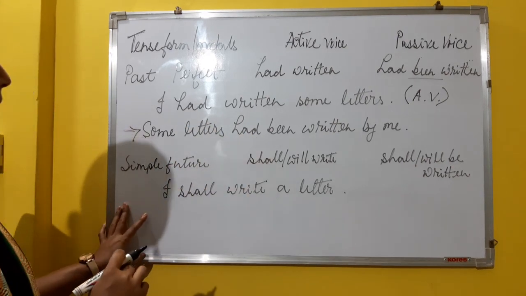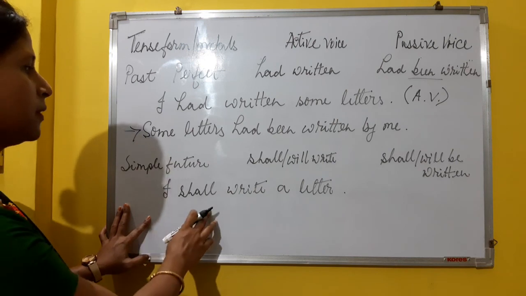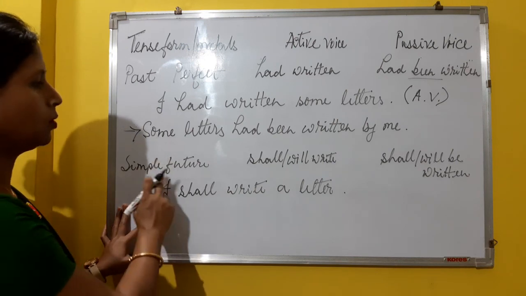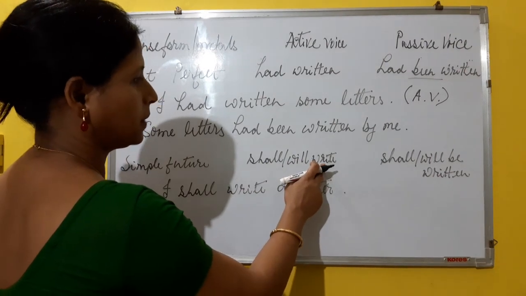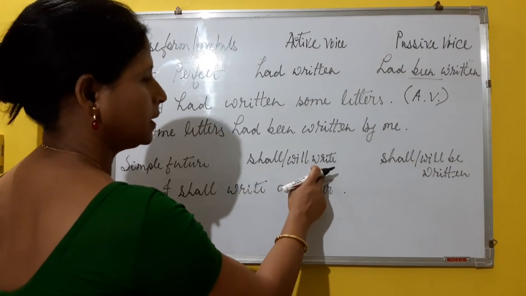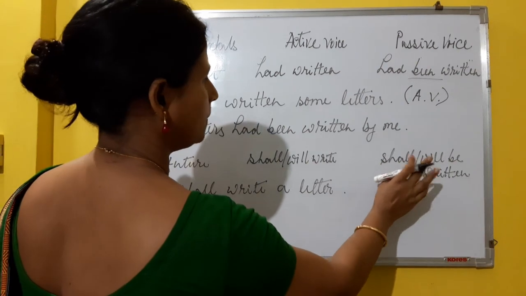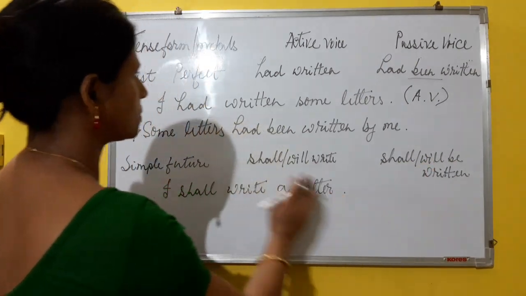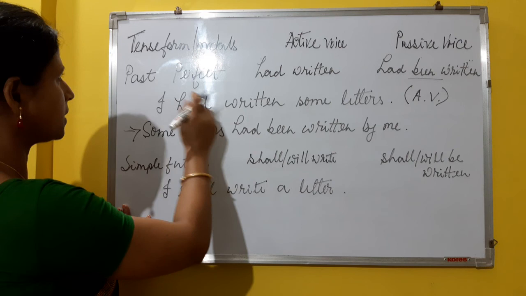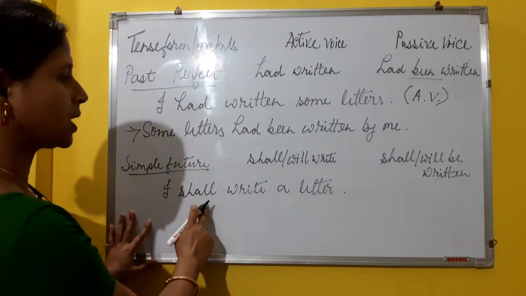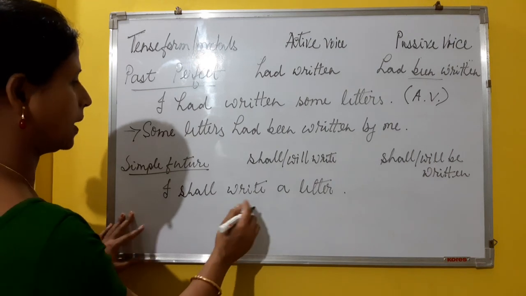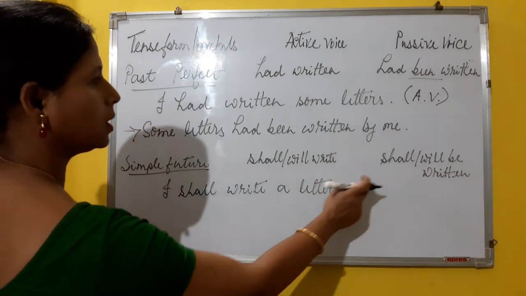And the next sentence that I want to show now is in simple future tense. Simple future will be getting this form, shall or will, and the main verb, shall will write, and will be changed to shall will be written. This was past perfect, and now we are doing simple future. I shall write a letter, and here it will be changed to shall or will.